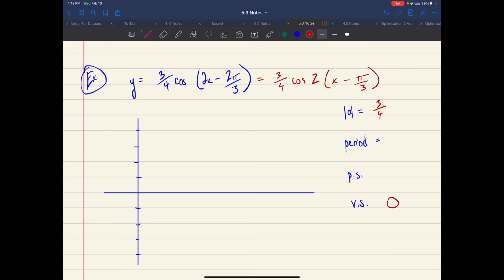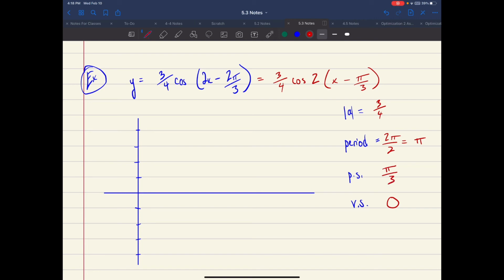So you have to take that k, or the coefficient of x, out of the parentheses first to see what the phase shift is. So now we know that the period is going to be 2 pi over 2, because k is 2 here. And so the period's just pi. And the phase shift is pi over 3.